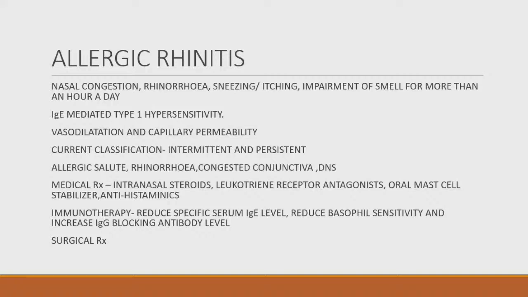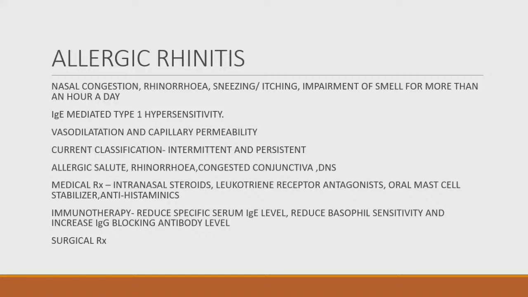Here the signs that we see will be the allergic salute, that is a horizontal crease marked over the dorsum of the nose. Rhinorrhea will be seen, and congested conjunctiva along with DNS can also be seen. Medical treatment will be intranasal steroids, leukotriene receptor antagonists, oral mast cell stabilizers and antihistaminics.